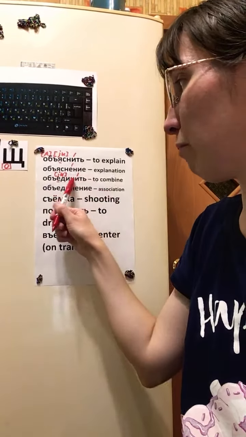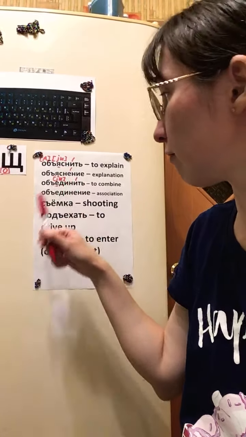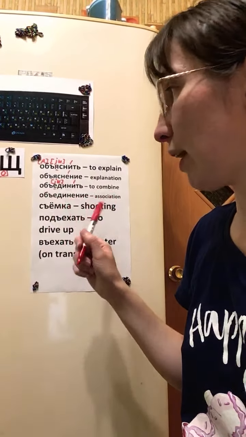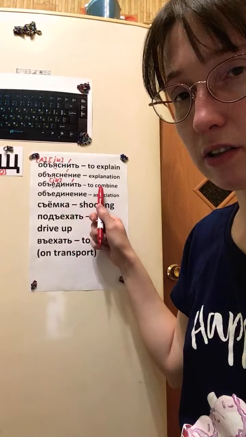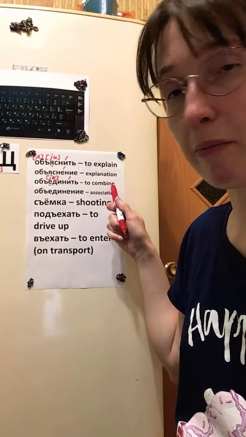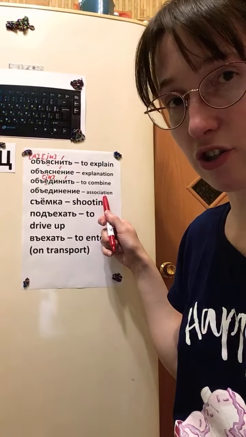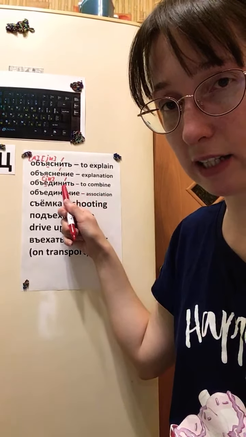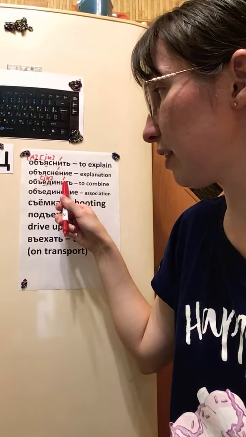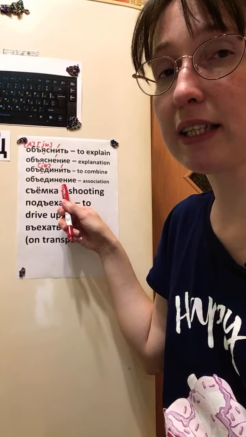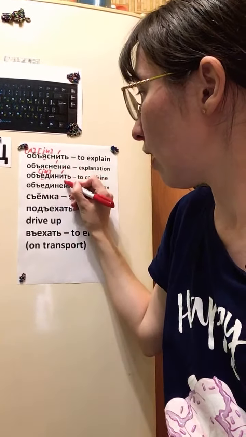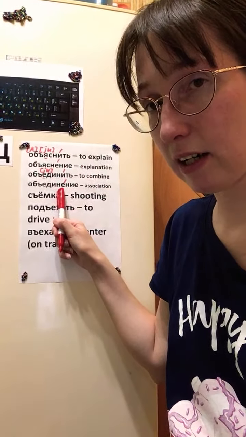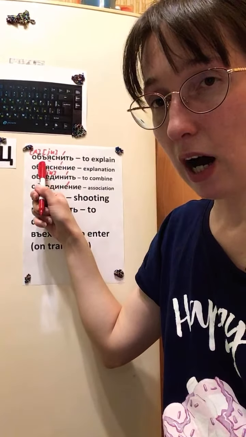And again, we make a noun from this verb. But in English, they're different. In English, they are to combine and association. But in Russian, объединить, объединение. So look.